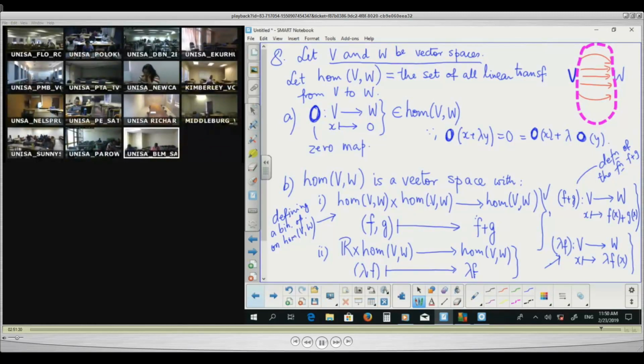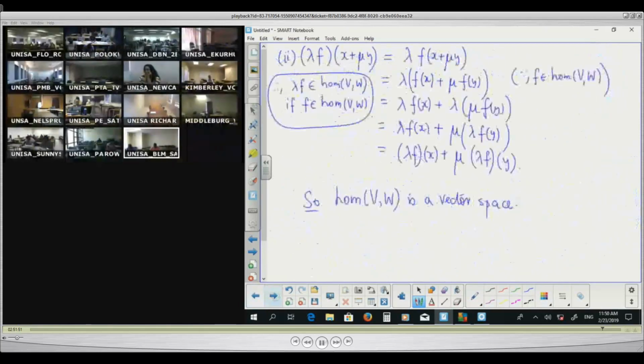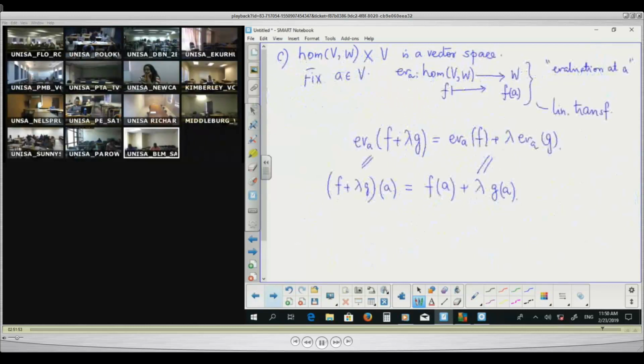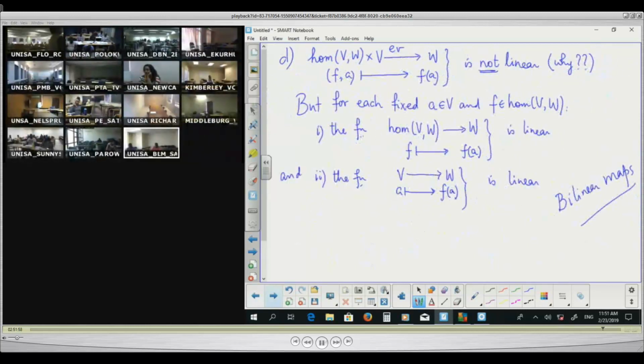It's a set of those vector spaces multiplied by the vector space V. And then you said the evaluation is not linear. Can you please go through that number G again? Something's not adding up for me, because you've got a set of vector spaces multiplied by the vector space. Can you go through that?